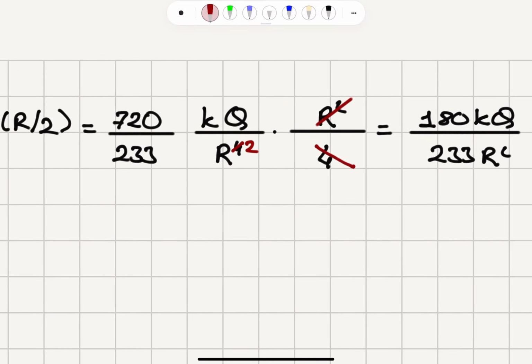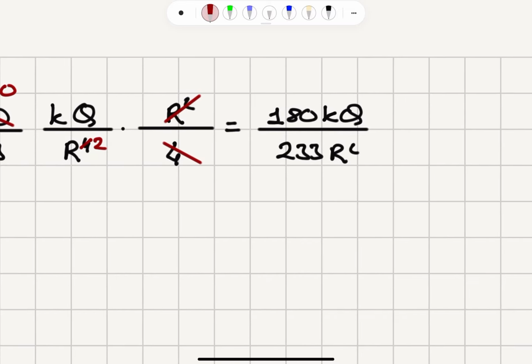Basically this 4 gets rid of the 720 and makes it 180, since 180 times 4 is 720. And that's the answer I'm looking for, the magnitude of the electric field at capital R over 2.